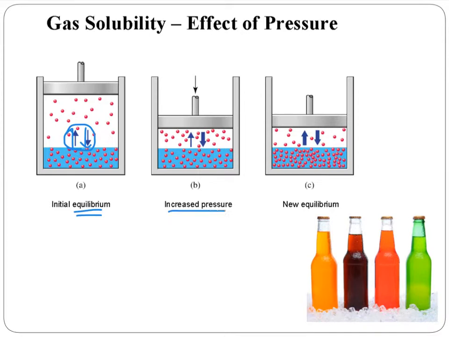However, if you increase the pressure, you're in a sense putting more gas particles above the liquid than in the liquid, and so it changes the equilibrium so that you end up with a higher concentration of gas dissolved in the liquid. And the reverse, if you decrease the pressure, you will then decrease the concentration of the gas dissolved in the liquid.